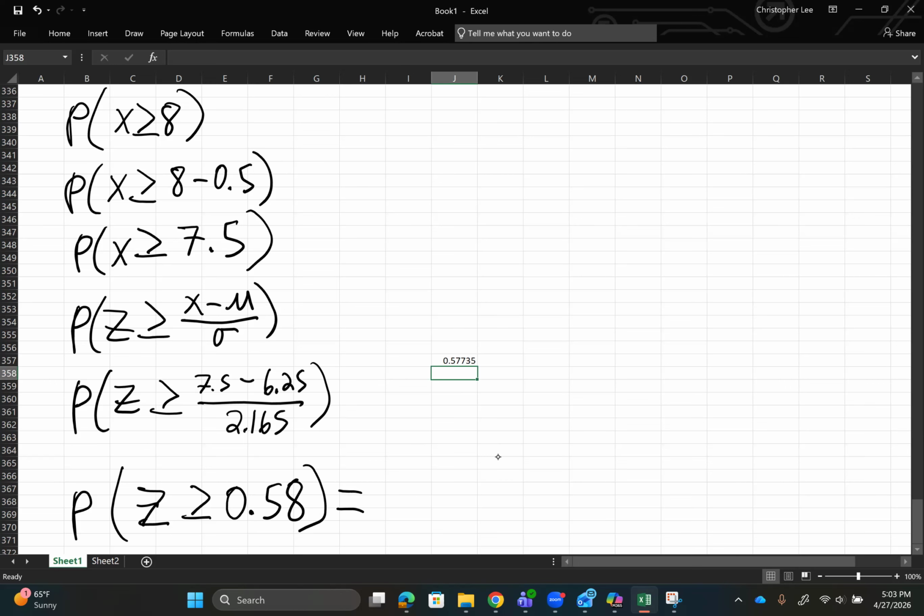Now, I know y'all know how to use a table. I want to show you guys with the calculator how to do this. Whenever we're doing this in the calculator, we need to draw our distribution. In the middle is always 0. I have a positive 0.58, so that's over here, and I want the area to the right of that, greater than.